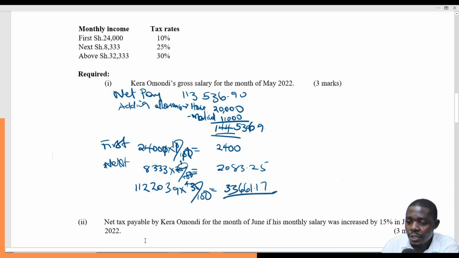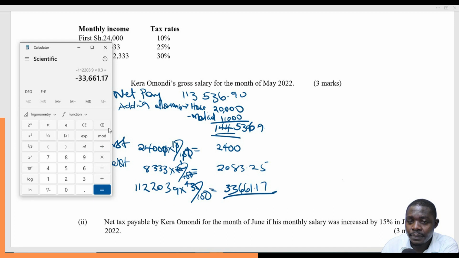We have 2,400, we add 2,083.25, and we also add 33,661.17.